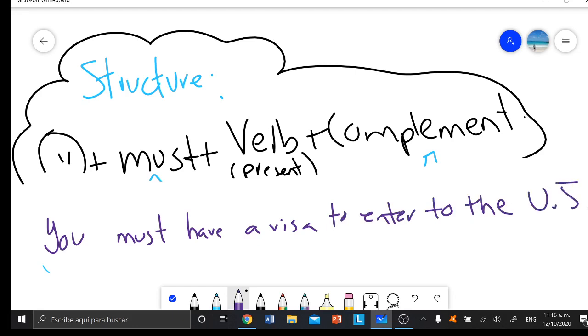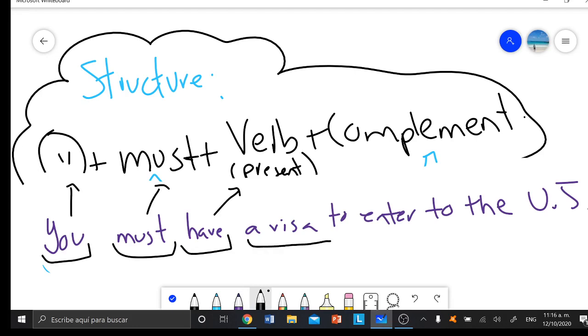Okay? So one more time. You must have a visa to enter to the United States. You, tú, must, tienes que, have, tener, a visa, una visa, to enter, para entrar, to the US, a los Estados Unidos, ¿ok? Es una regla que ellos tienen, entonces no tienes opción de hacerlo o no hacerlo, o sea, a fuerza tienen la obligación de tenerlo, ¿ok?